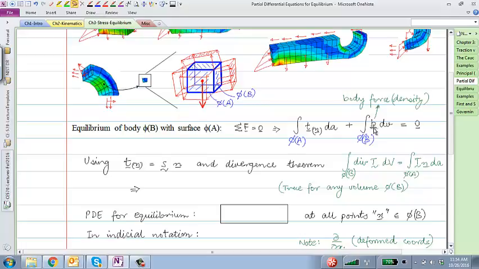Here's another example of a body force density. Let's say I have some object, say of constant density, and the total body force acting on it is due to Earth's gravity that's pulling each and every particle of this body downwards, right? The sum total, or the resultant, of all of those forces is the weight of the body that we draw at the center of gravity, like in a conventional free body diagram. But how do we get that weight?